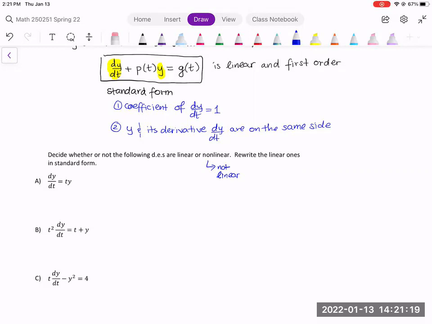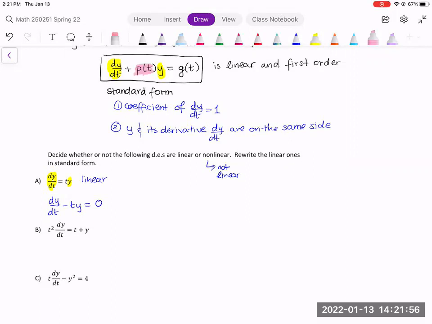All right, so when we're looking at this first one, notice that we see dy/dt and y only show up as they are. We're not squaring them, we're not sticking them inside of any functions. So this is going to be a linear example. And we can rewrite it as dy/dt minus ty equals 0. We're just subtracting ty over to the left-hand side, just trying to match the format a little bit.